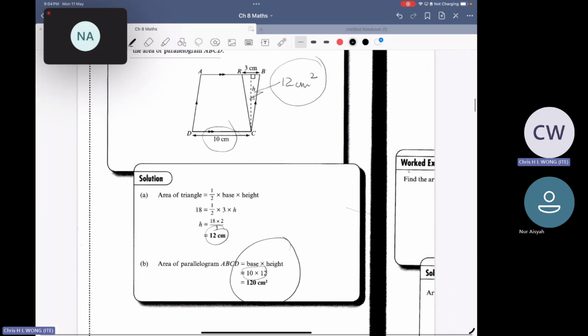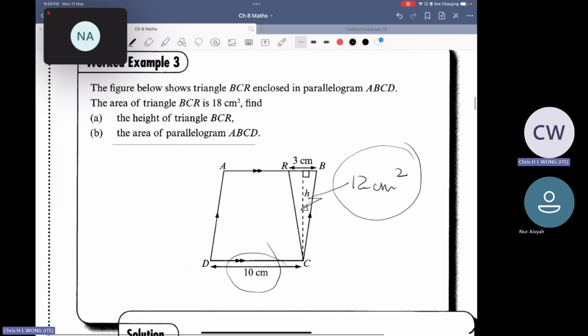Now you notice this type of question. They give A and B, right? You find A, find the height. After you find the height, you find the area of the parallelogram. If your height is wrong, your parallelogram is also wrong, isn't it? So this type of question is a killer, no? If the first one is wrong, the second one will be wrong.